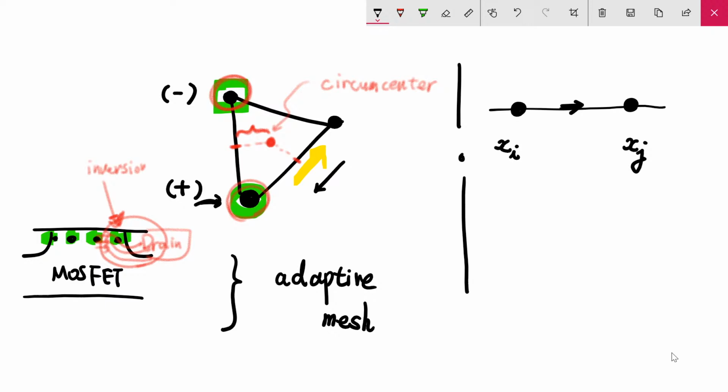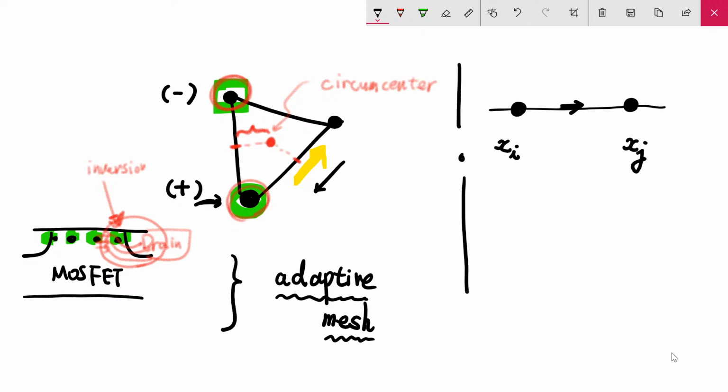After that, they remesh the semiconductor device in order to have a better resolution of current density or electron density, electric field, any kind of component. Of course, depending on the bias condition, the current density or electron density can change drastically. So their mesh for a certain bias condition can be adaptively changed. So there is some capability called adaptive mesh.